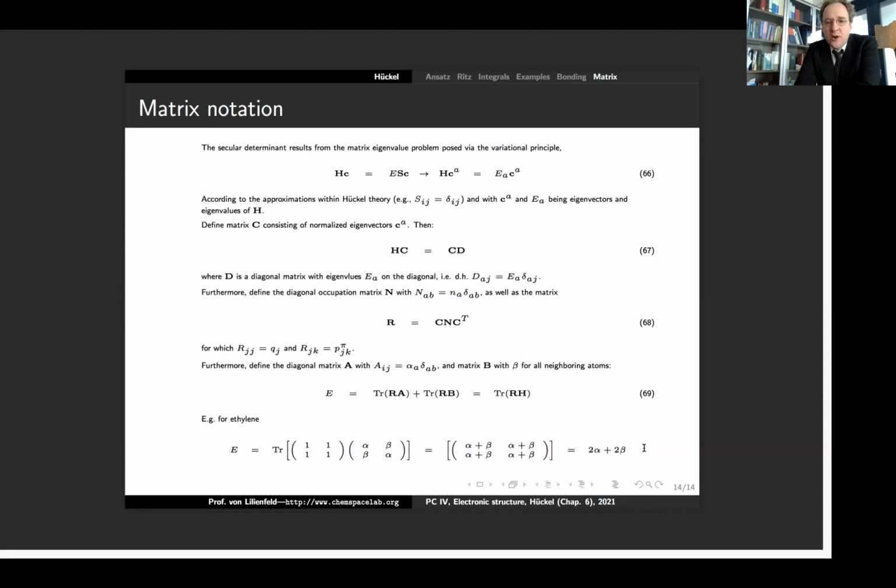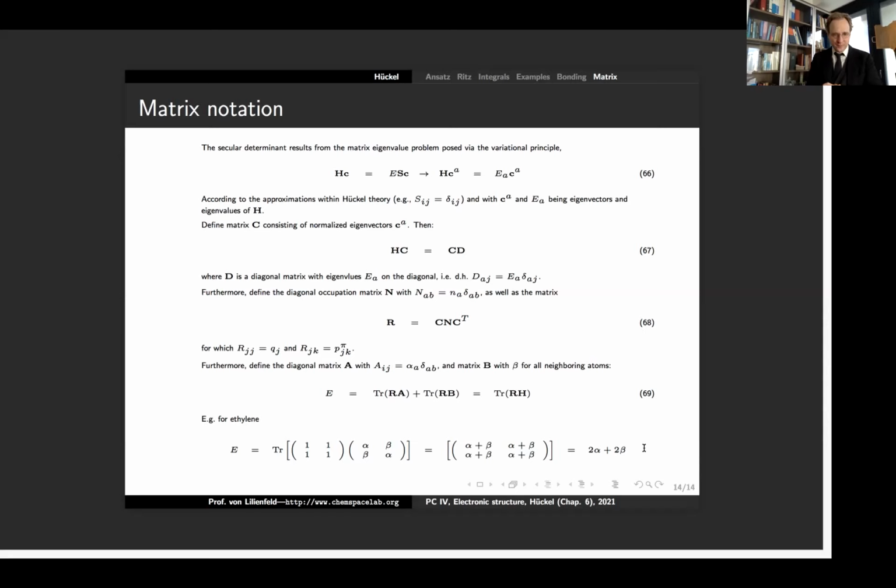Okay, so this matrix notation slide, right, there's no new insight here. It's basically to assist you in the bookkeeping of the equations, right? So if you wish, this last slide is the essence of the entire Hückel chapter, right?